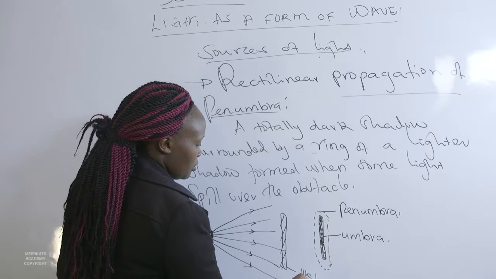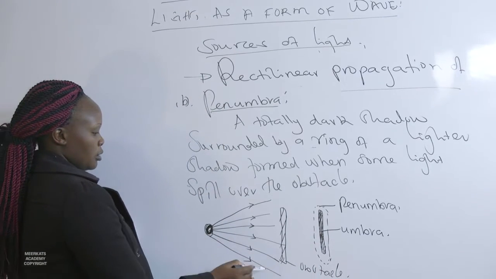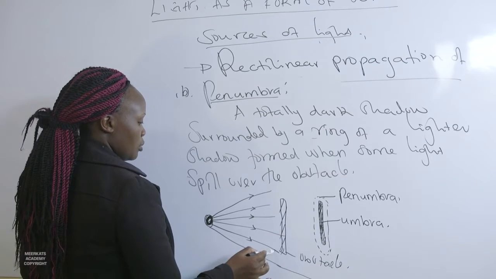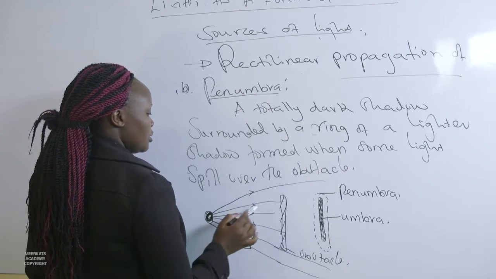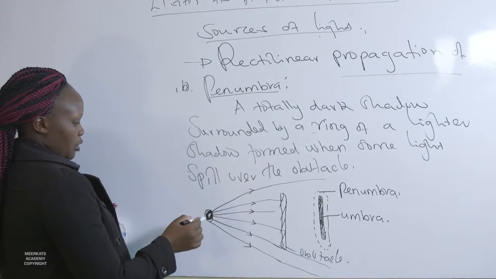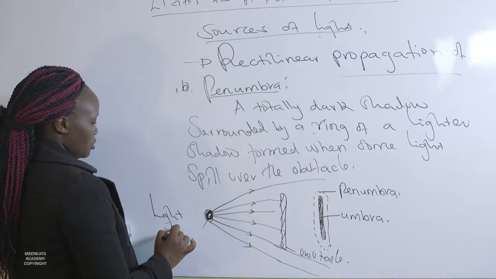This is your obstacle, and then we are going to have the spillover light, and then this one is the light source.